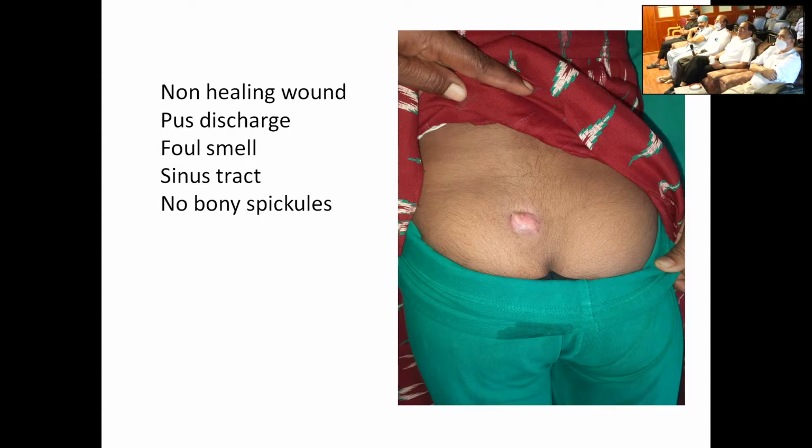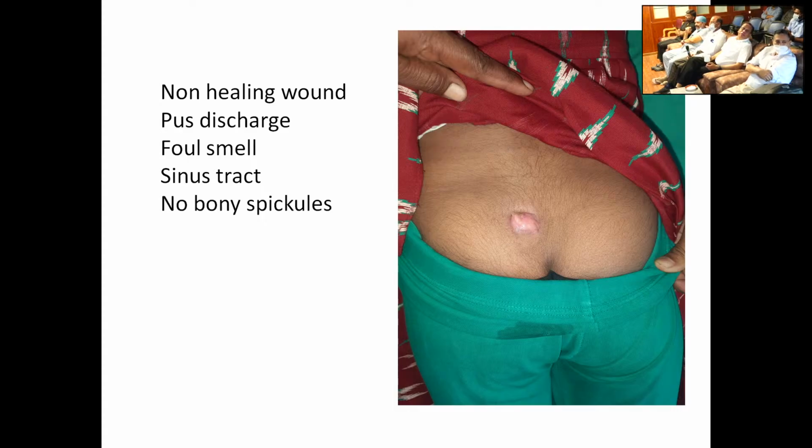There is a deep tenderness. And the clinical SI joint tests, anybody? Flexion.